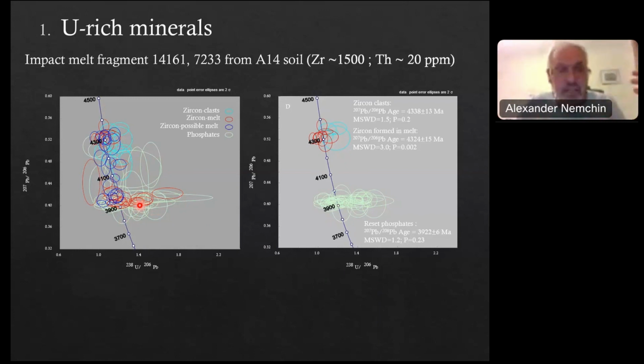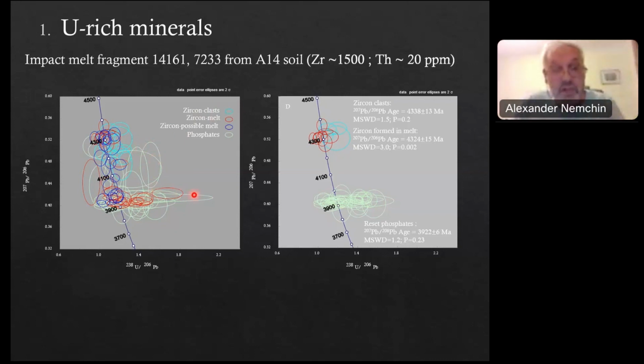The different colors show different types of things. Light blue is what we interpret as zircon clasts. Red is zircon that clearly formed in a melt, plus granular zircons. Blue is kind of doubtful; we don't really know, it may be both.